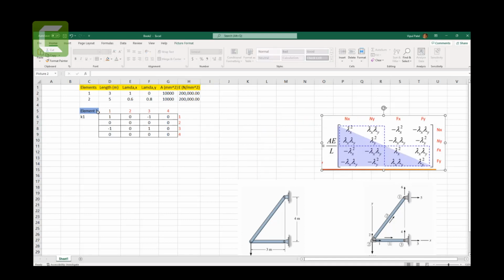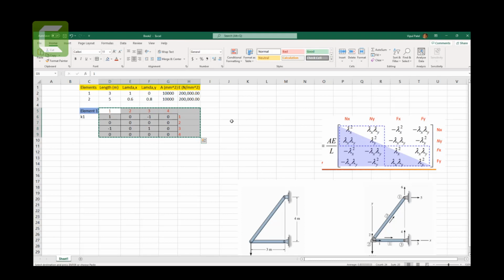Now, we need to divide by length. You remember that you have a length as well. So let's say we have this K1 equal to these ones, divided by length. But we want to lock these, right?